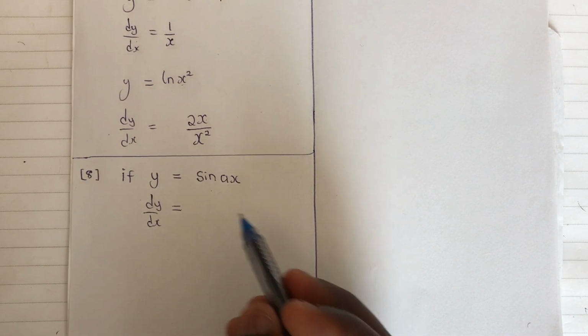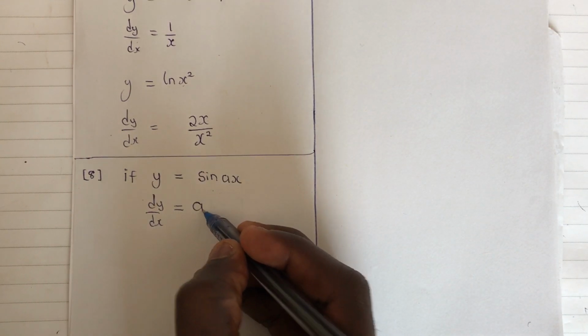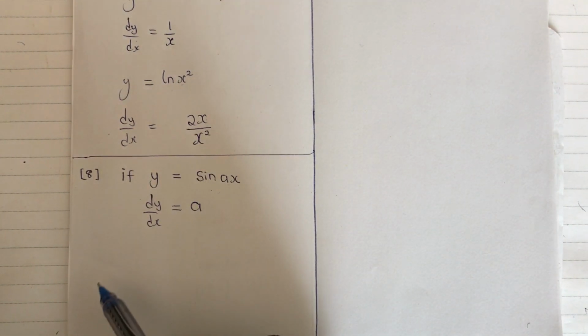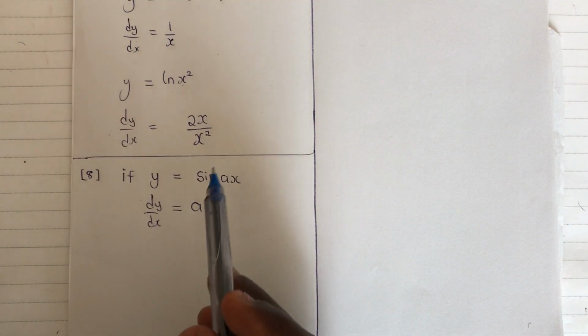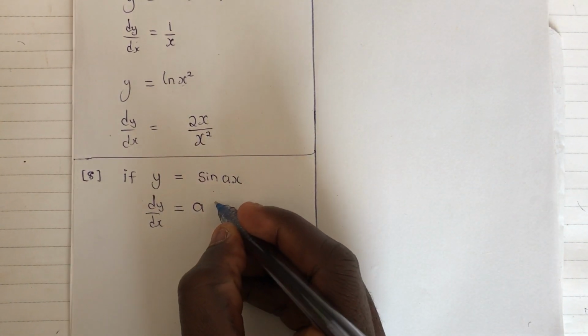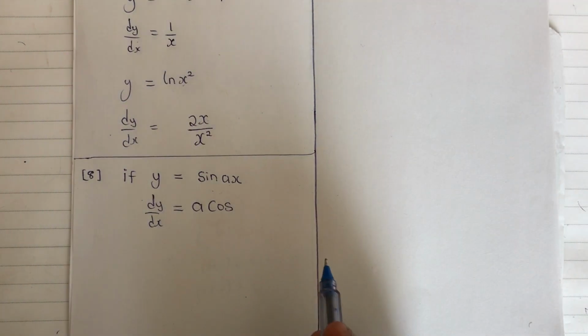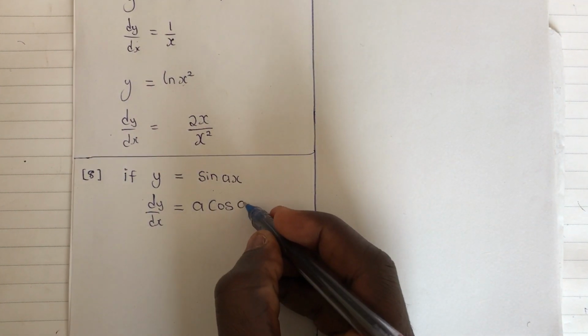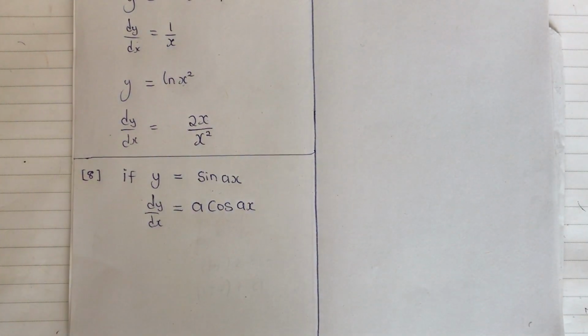You are getting what? a. So write down your a. Now use your a to multiply the differential of sine. We also learned that when you differentiate sine, the result is cos. So I'll have my cos. But cos what? Cos the same ax. And this is my final result.